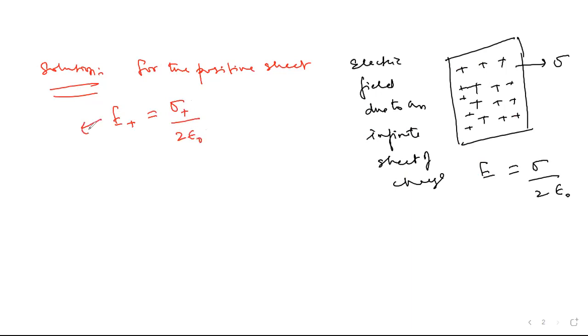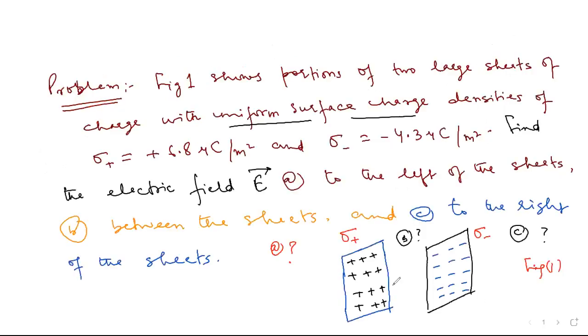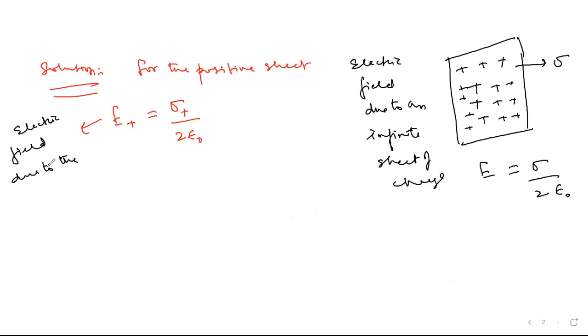E plus is representing here the electric field due to the positively charged sheet, which is the left sheet, right? Which is positively charged.